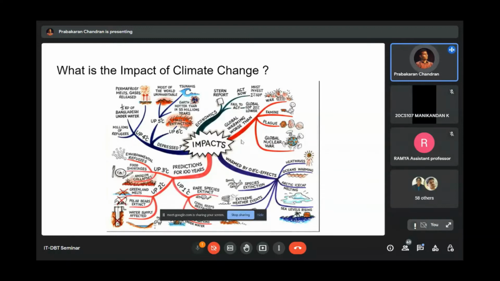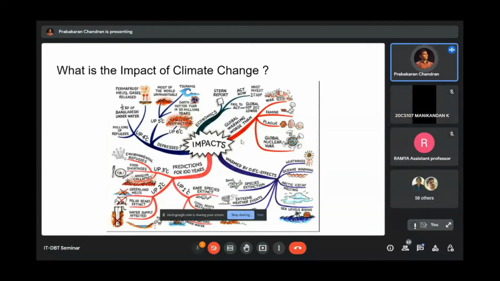and North Atlantic or Antarctic region animals like polar bears. These animals are facing a lot of issues in terms of the temperature rise in the ocean. That's one thing.